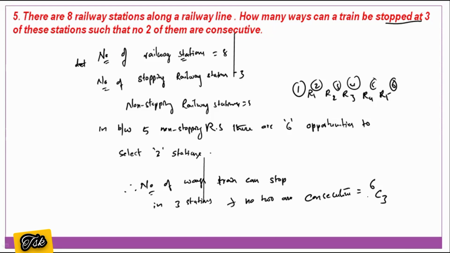Number of ways of selecting 3 stations such that no 2 of them are consecutive is 6C3, which is nothing but 20. There are 20 ways they can stop at the railway stations: 6, 5, 4 by 3, 2, 1, and 5, 4 is 20. Let's move to the next problem.